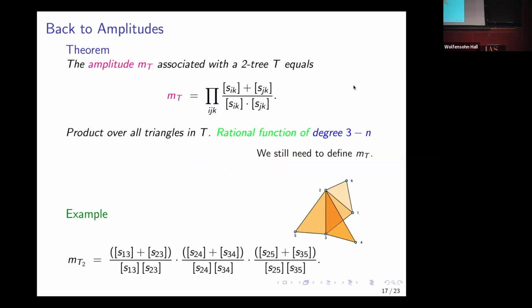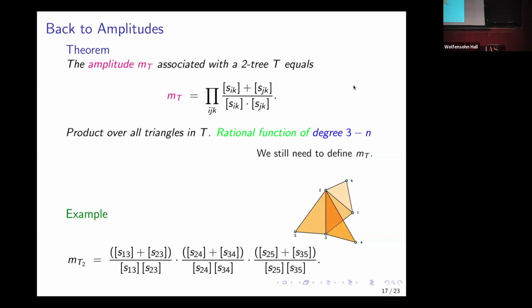I multiply over all triangles in the two-tree, but now I have the sum S_ik plus S_jk in brackets in the numerator, and then I take the product of the brackets in the denominator. This is a homogeneous rational function of degree 3 minus n, our negated dimension. I will now define M_T, and then that will be a theorem.